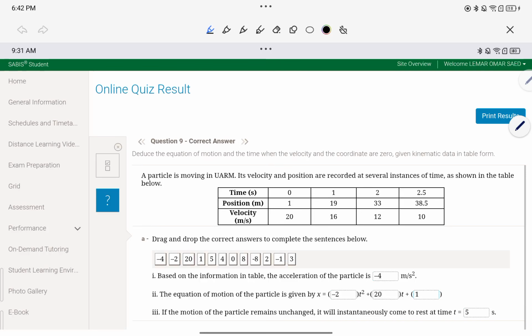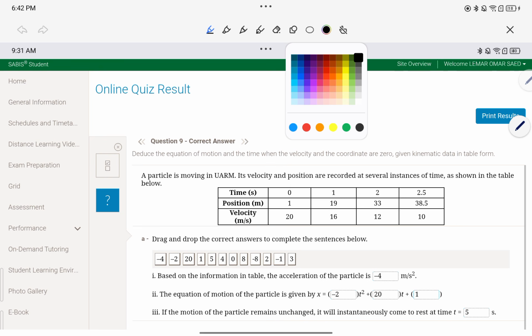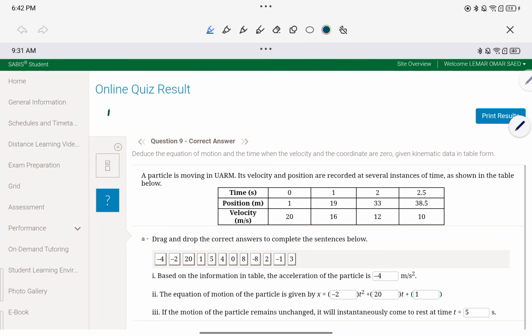Now, the acceleration of the particle is what? How do I find the acceleration? Yeah, v final minus v initial over the time. For part I, v final minus v initial over t.